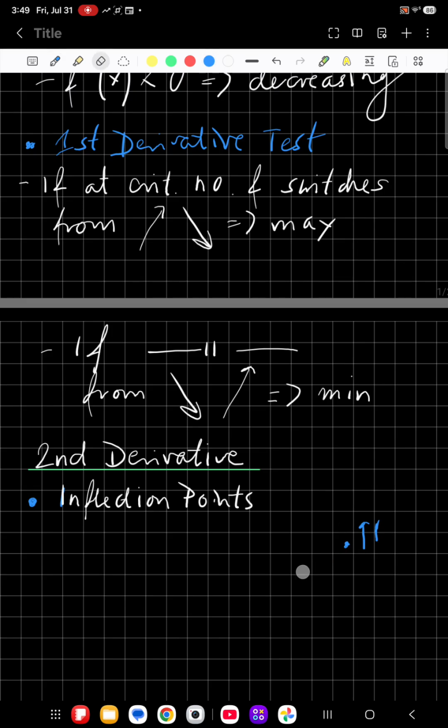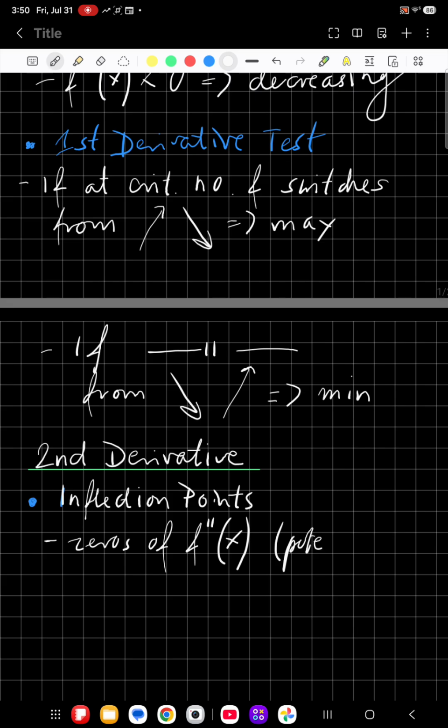We get those points in a similar way, but this time with the second derivative. The zeros of that second derivative would, most of the time, give us those inflection points, but sometimes it wouldn't.